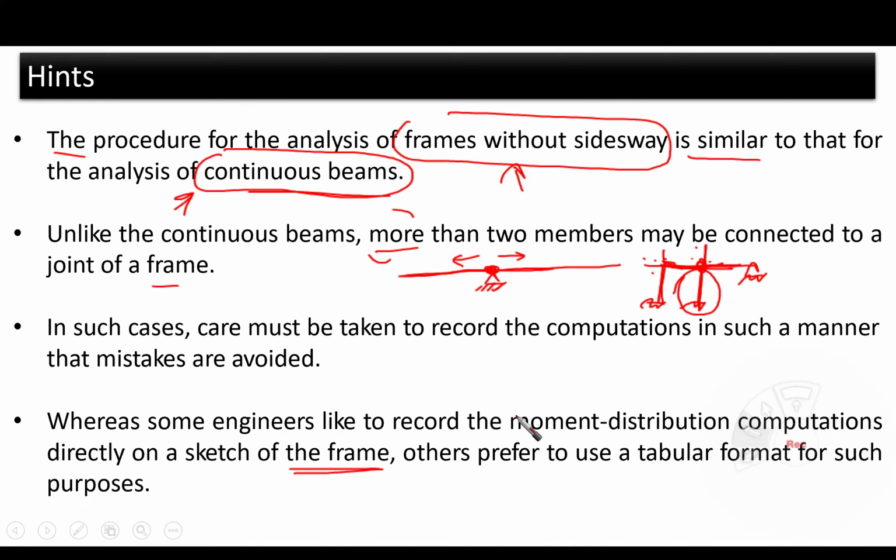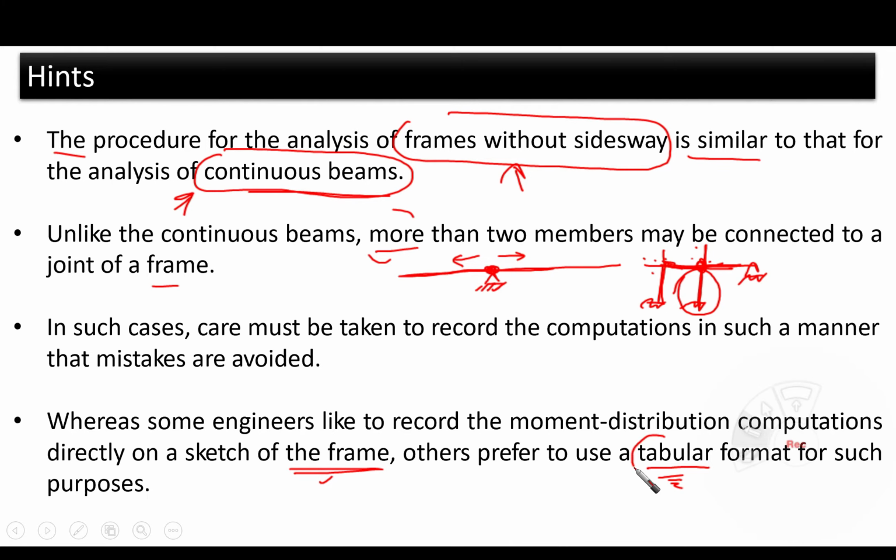If you like to do moment distribution computations directly on a sketch of the frame, it is okay, or others, including our today's video, we're going to use a tabular format for such purposes, which I think is more straightforward.